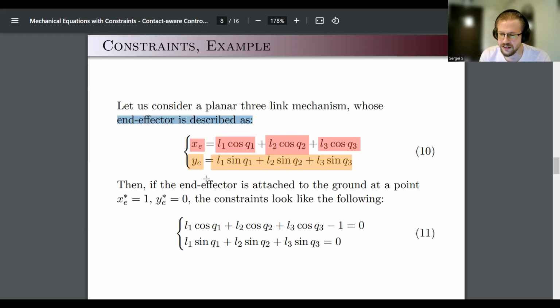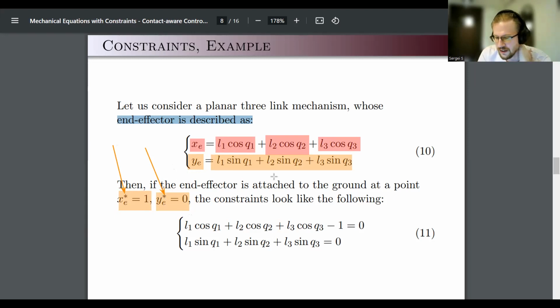Then the end effector is attached to the ground at a point x_e equal to 1 and y_e equal to 0. Notice that I use this star to indicate that we are no longer talking about equations that describe the position of the end effector in the mechanism, but about the point of attachment, where this link is attached.